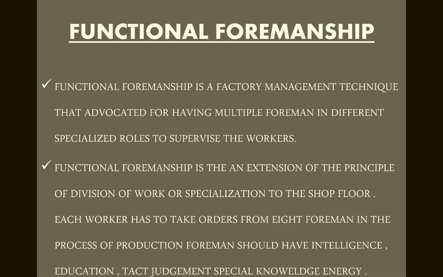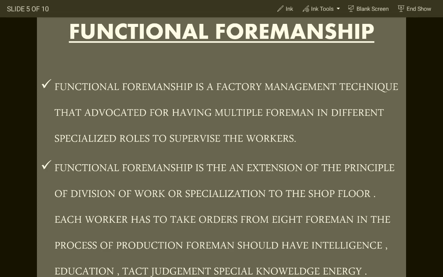Functional foremanship is based on the principle of division of work. When F.W. Taylor entered Midvale Steel Plant, he analyzed that there was a need for division of work. There he saw that there was no division of work, no specialization, and no segregation of the planning department and the execution department.